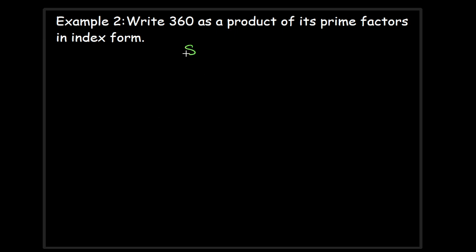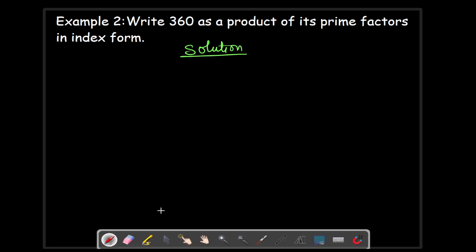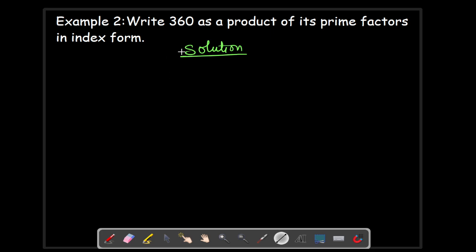So let's see the second one: 360 as a product of prime factors in index form. This is a question that does come in examinations.